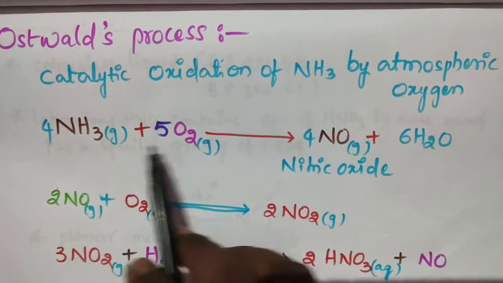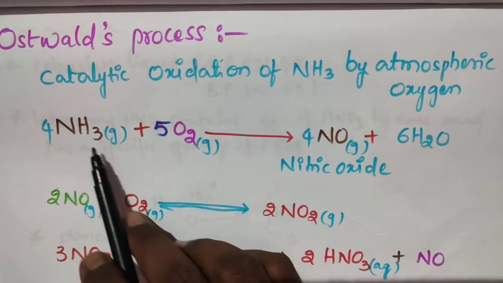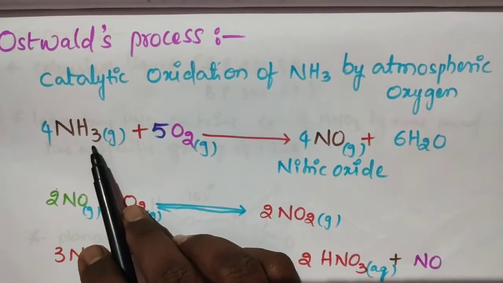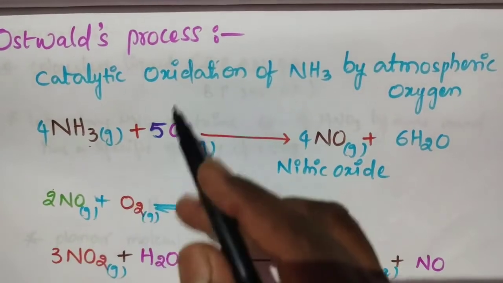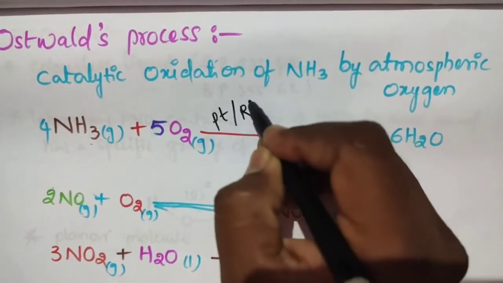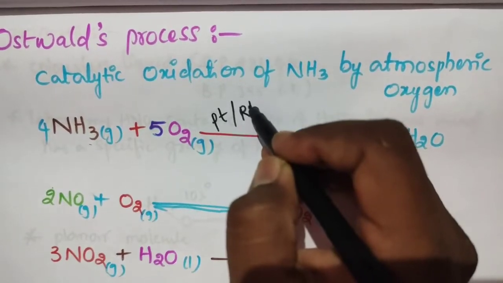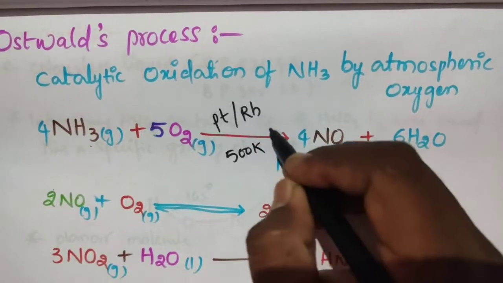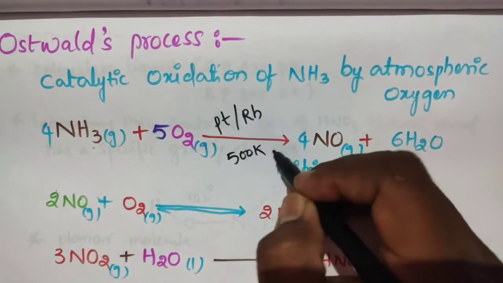We take NH3 with atmospheric oxygen, oxidation takes place on ammonia, catalytic oxidation. That means the reaction is carried out in the presence of platinum or rhodium as catalyst, under 500 Kelvin temperature, 9 bar pressure.